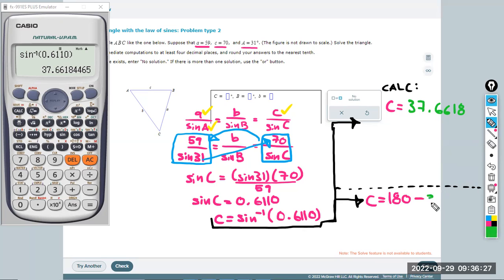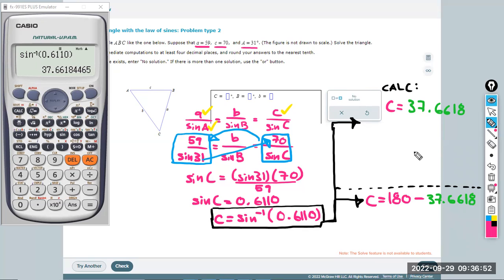So just work it like this. Each time you apply an inverse sine, remember that two cases appear, and that's why they give us these options: two solutions, or no solution, or just one solution. Now let's finish working them out.